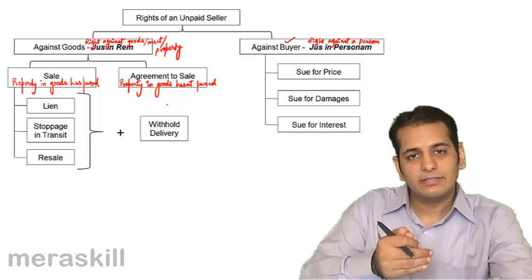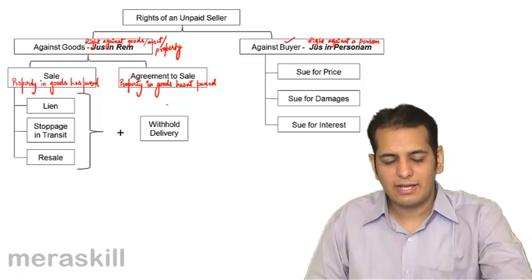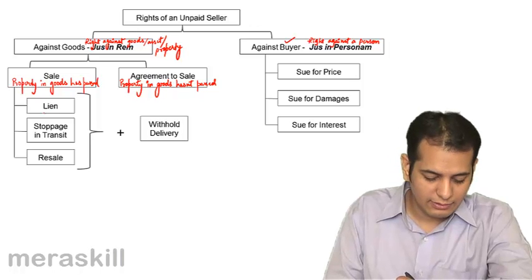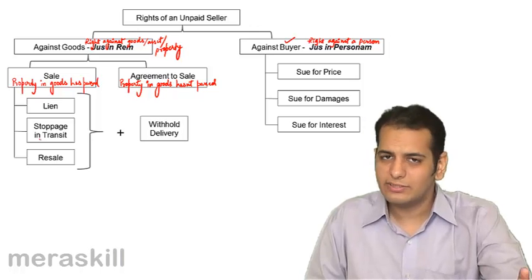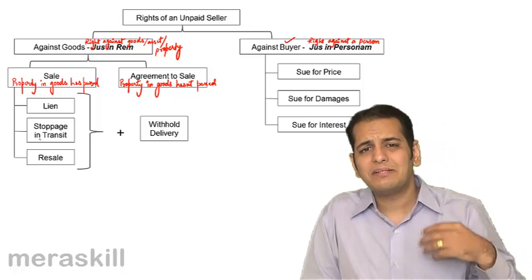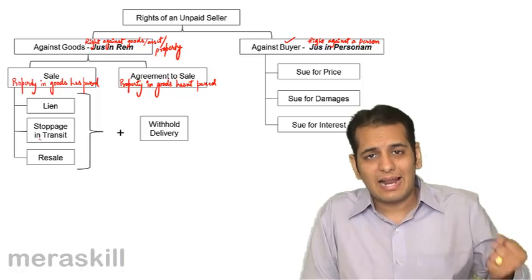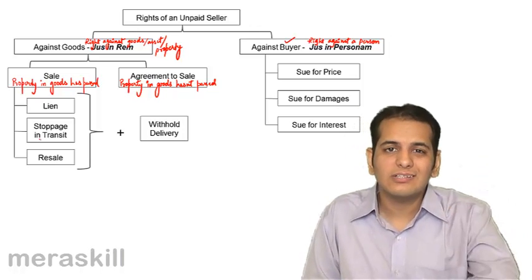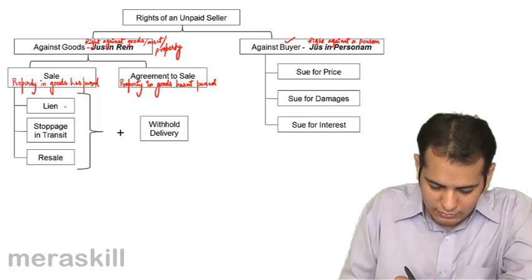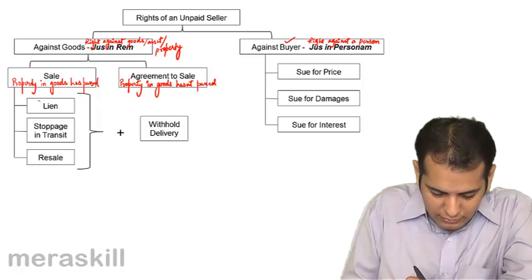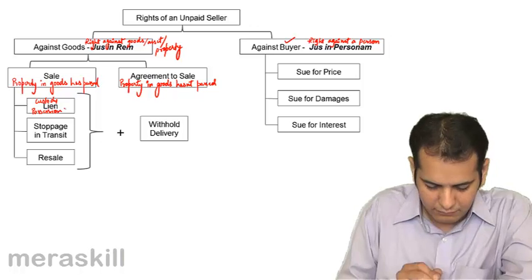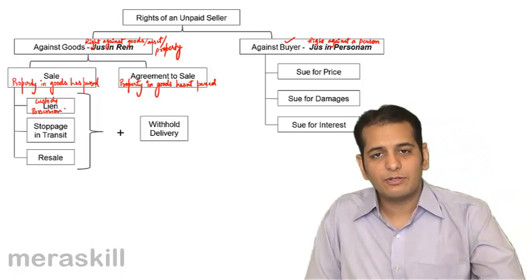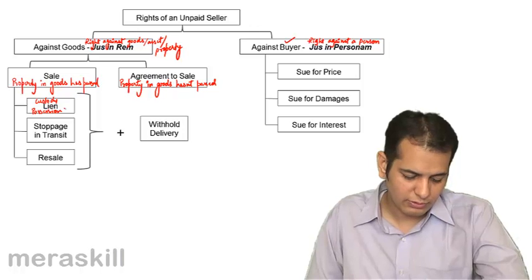So if it is a transaction of sale, the seller has the right to lien, he has the right to stoppage in transit, and he has the right to resell the goods. Now what do you mean by right to lien? Right to lien means right over the custody or the possession of the goods.